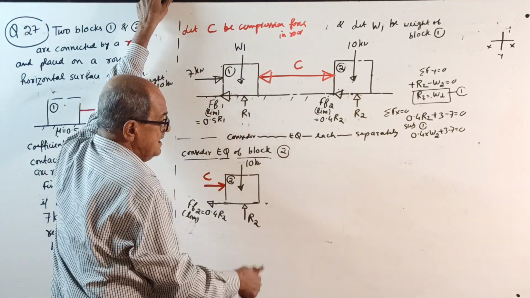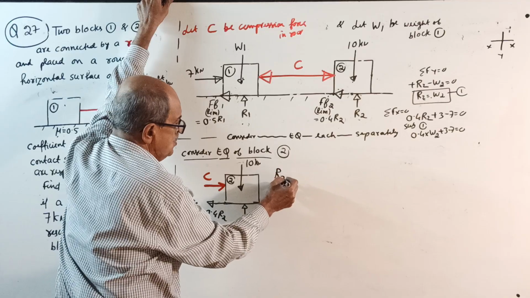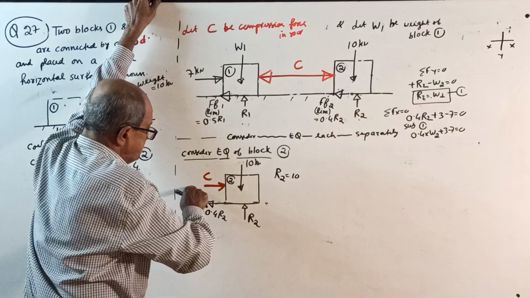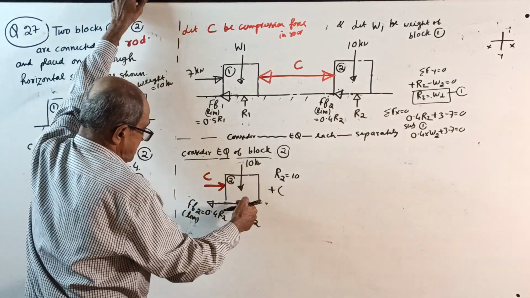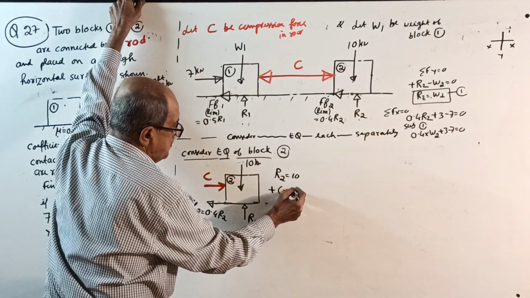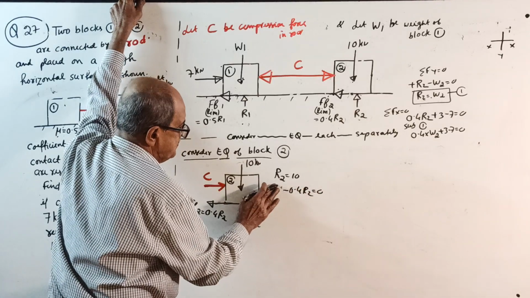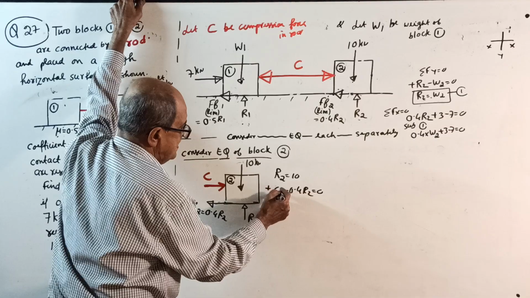R2 minus 10 equal to 0, your R2 will come 10 kilonewton. Sigma Fx equal to 0: plus C minus 0.4 R2 equal to 0.